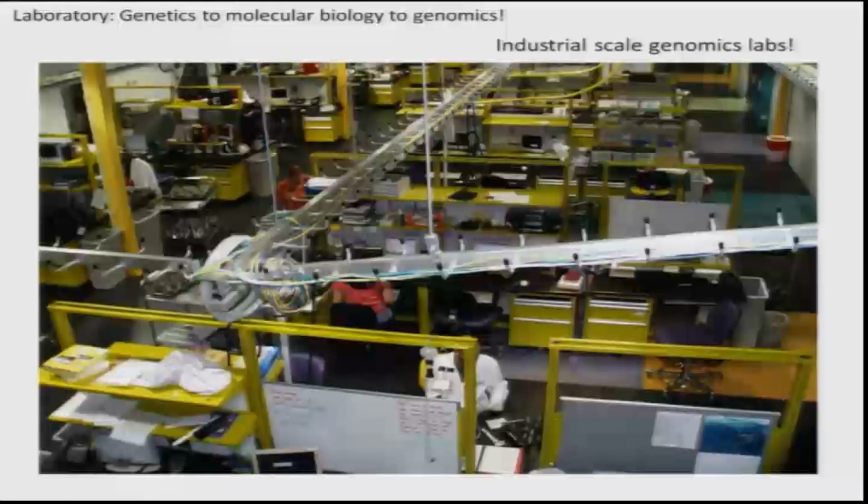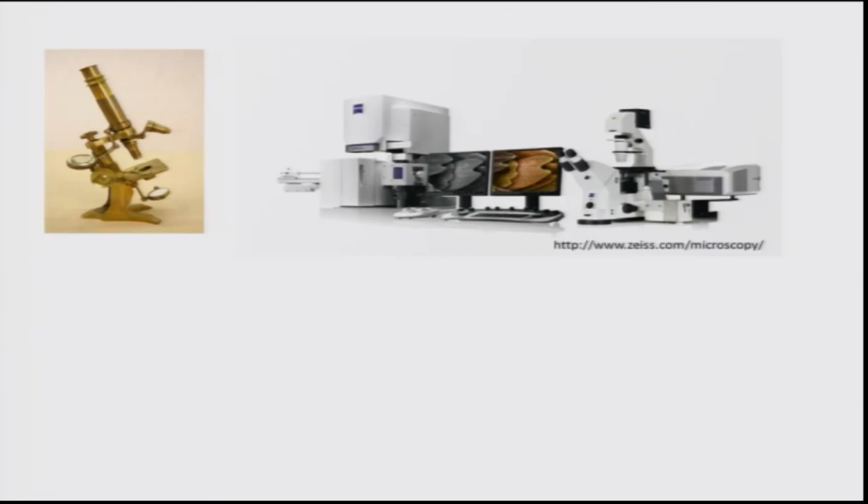It is more like an industry, and this is called industrial scale because you scale up everything. There will be hundreds of people working, hundreds of equipments, thousands of samples being sequenced at the same time, and it led to data being generated just like anything. So if you look into the equipments, there is a revolution, not just evolution.